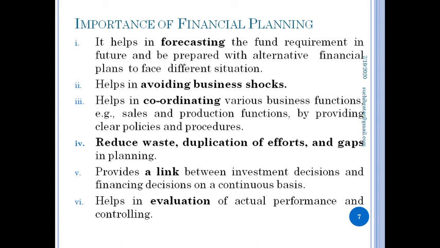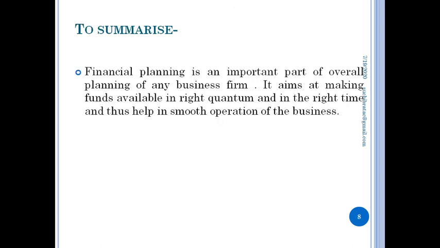Whatever they have said earlier that they will do, they can look back at the target they have set and whether they are able to achieve it or not. If they are not able to achieve it, why they are not able to achieve it, those problems can also be identified with the help of financial planning. So these are the importance of financial planning in a business firm.